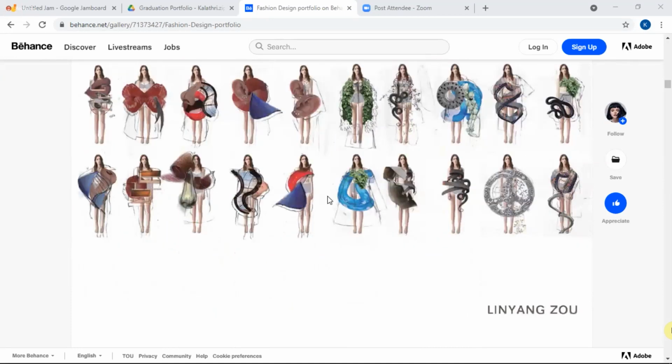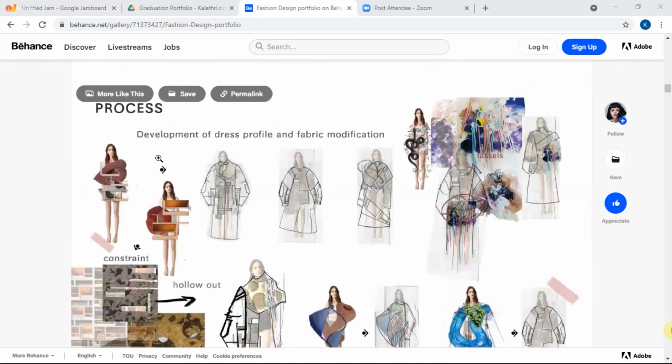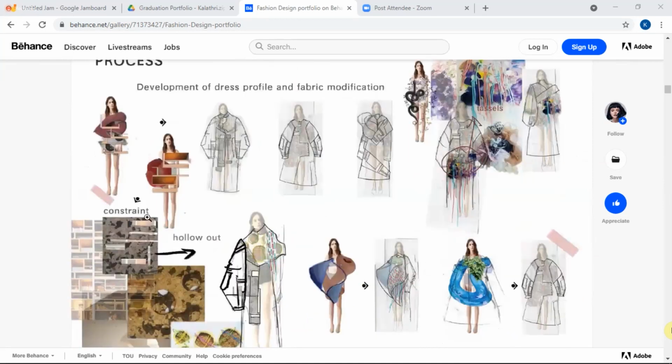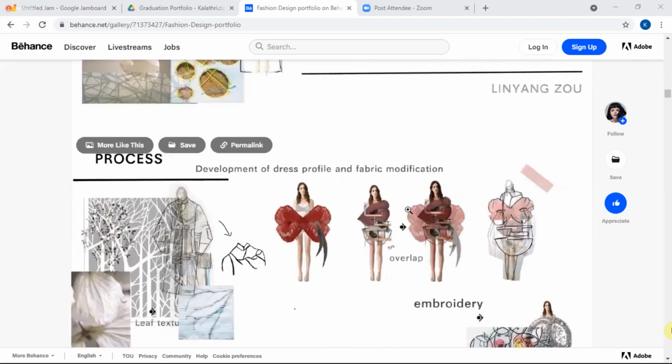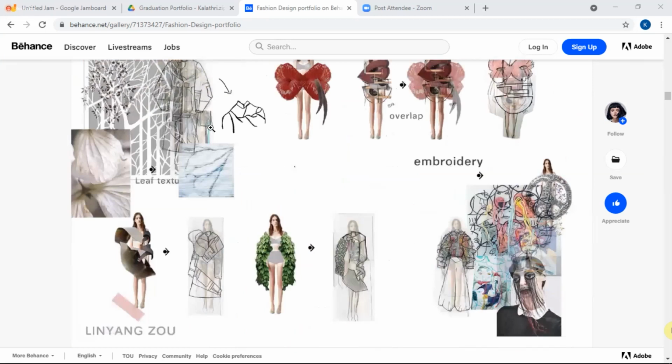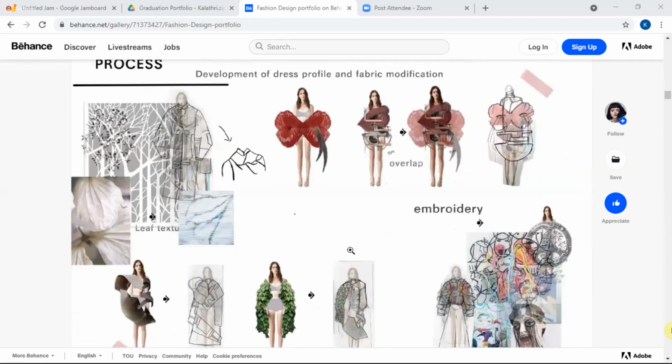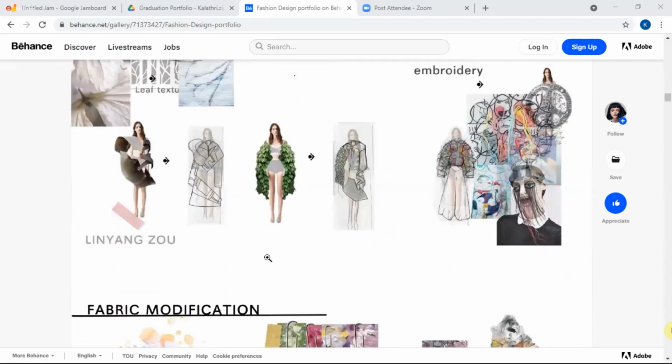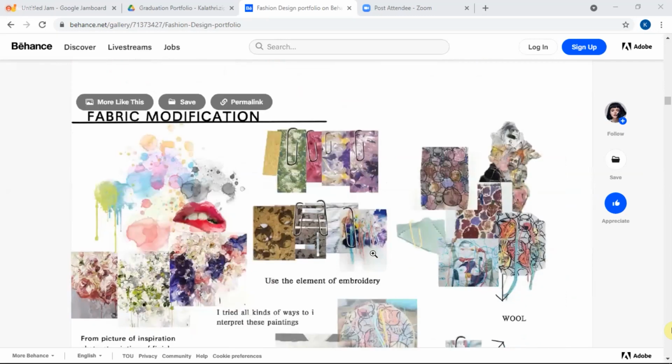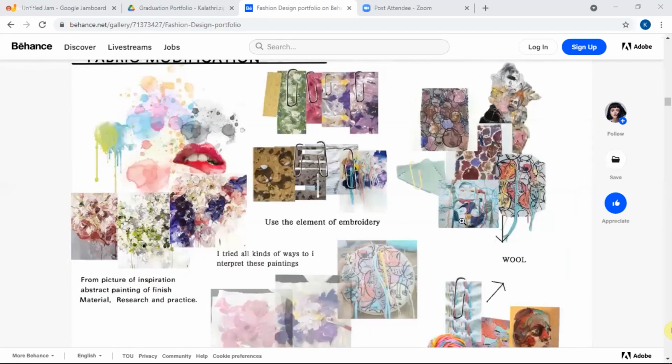So these are the design development stage. And now with these sketchy rough ideas, it is taken into proper designs, with the research into design developments. And this is particularly the fabrics, design development of the fabrics.